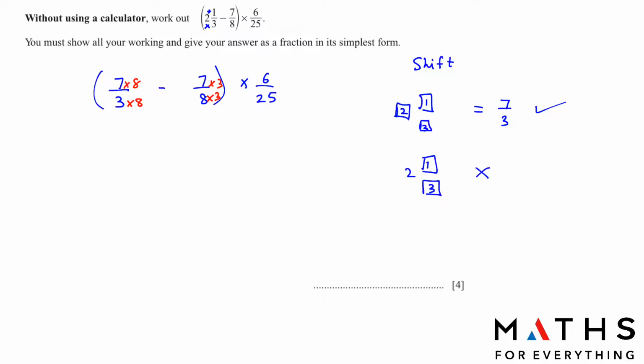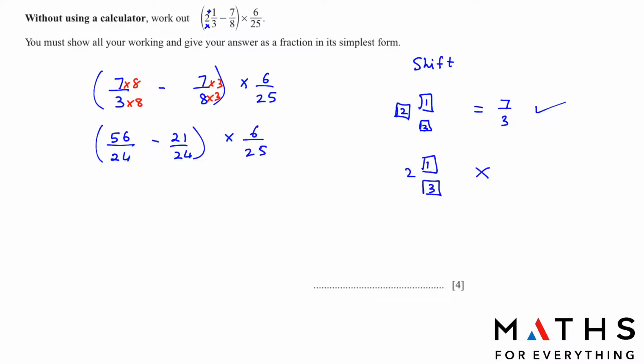In the calculator, just put the numerator. 7 multiplied by 8, you will get 56. And then 3 multiplied by 8 in the calculator, 24. Same way with 7 multiplied by 3 and 8 multiplied by 3. Do not put the whole thing together in the calculator.